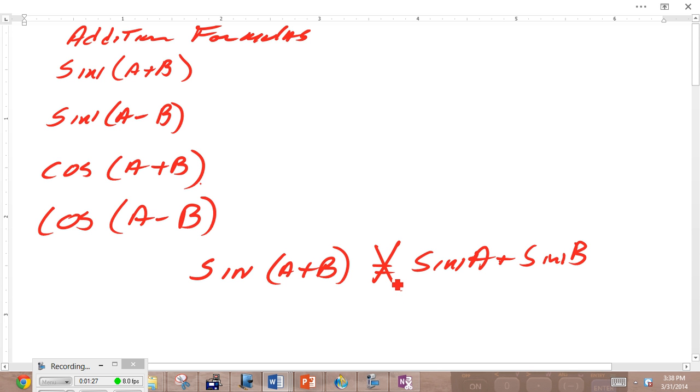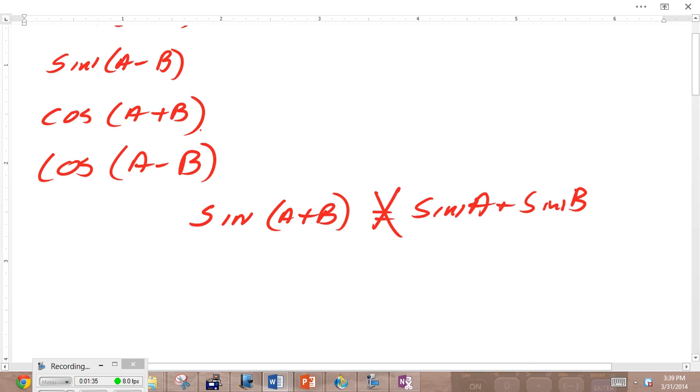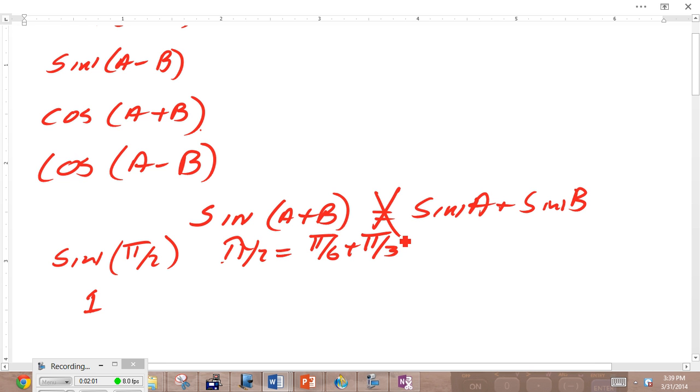Okay, so let's do that by means of a counterexample, and then come up and show you what the actual formula is. So I'm going to say let's talk about the sine of pi over 2, 90 degrees. Of course, you know the sine of pi over 2 is equal to 1. Now, we also know that pi over 2, or 90 degrees, is pi over 6 plus pi over 3, right?